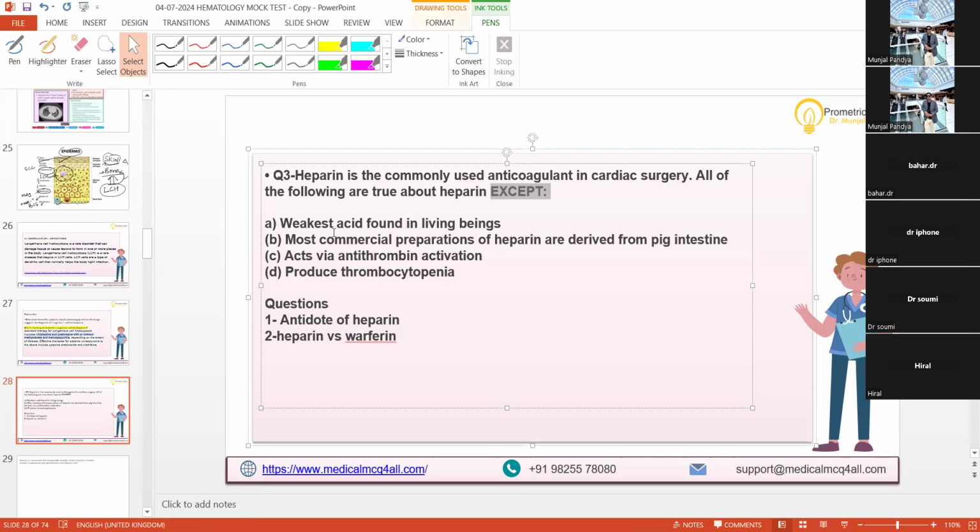Which one? Heparin is the strongest acid found in living beings. Most commercial preparations of heparin are derived from pig intestine. Heparin acts via antithrombin activation. Heparin can produce thrombocytopenia. That's the question, so think over it.